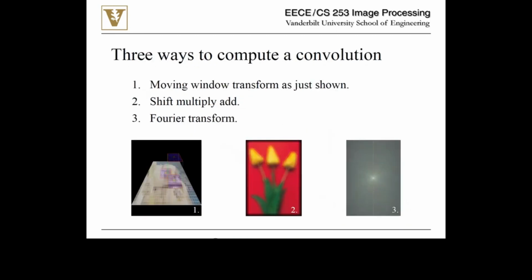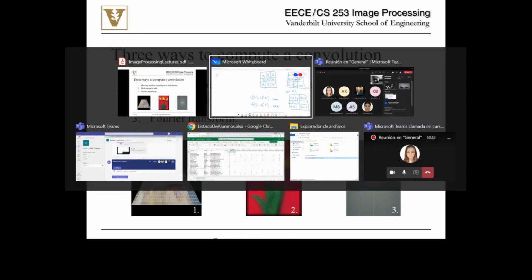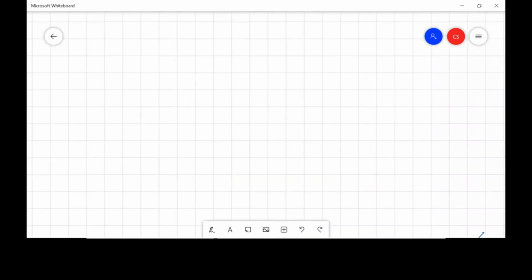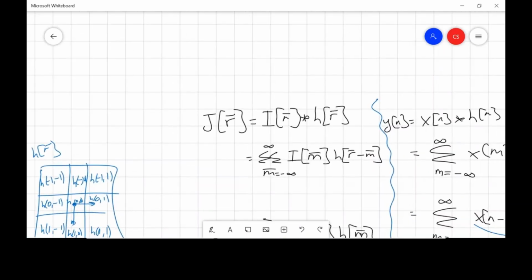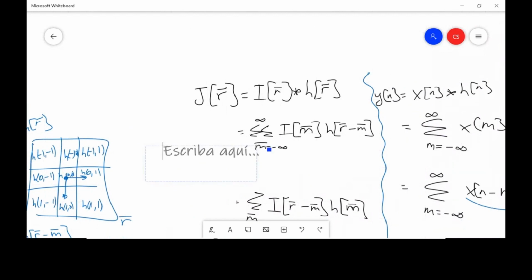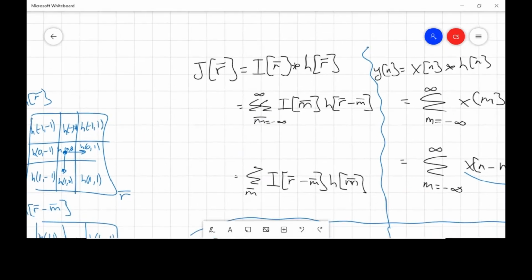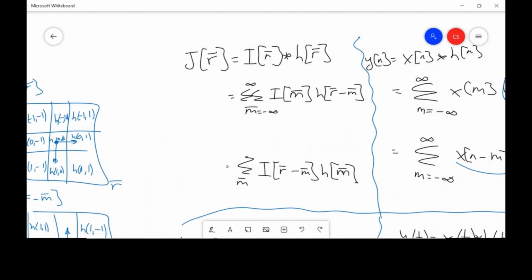Okay, so moving window transform. So let's go to the definition of the convolution. So we have it here. We have two ways of computing the convolution.